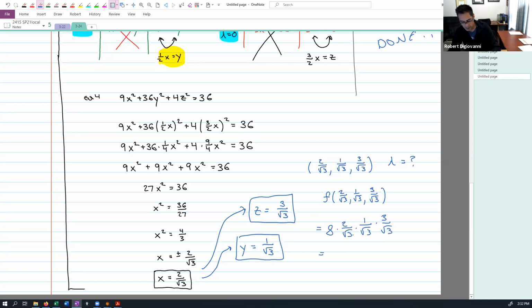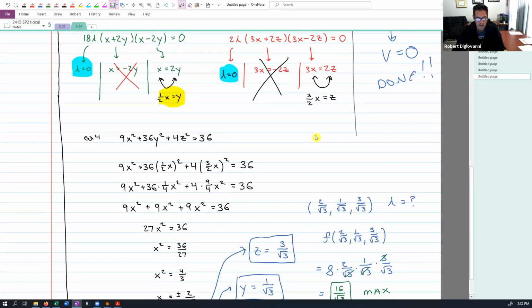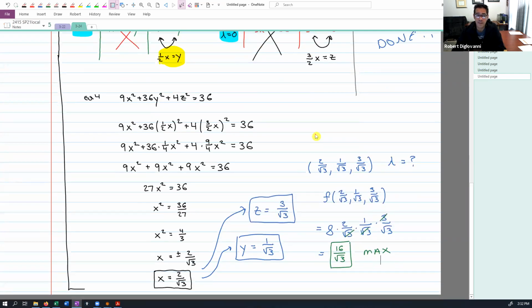And that should be, let's see, if I put 2 of those roots together, root 3, I get a 3, and that cancels with that. And then on top, we get 16, and on the bottom, root 3. There it is. All right, we have answered the question. This is definitely a max, okay? Because we know that there's other places where the volume is 0, so it has to be a max. That's it.